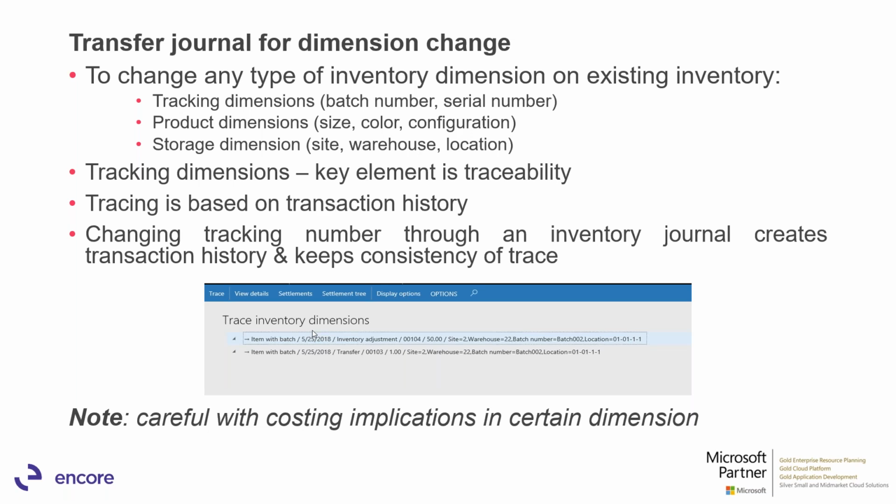The originating locations are the same as the destination locations. But then identify the wrong batch number in the from batch number field, and the good batch number in the to batch number field. Then post the journal, and you will see that it will simply move that inventory from one batch to the other.